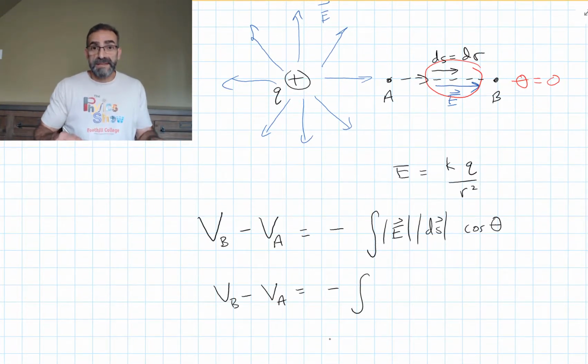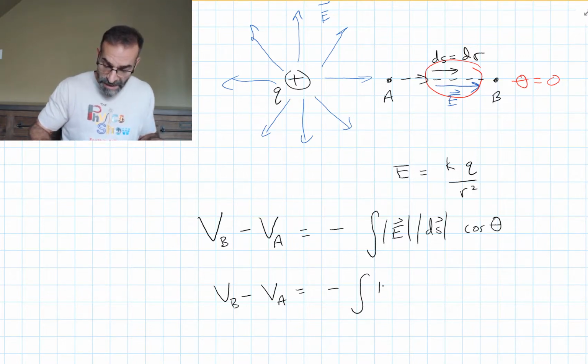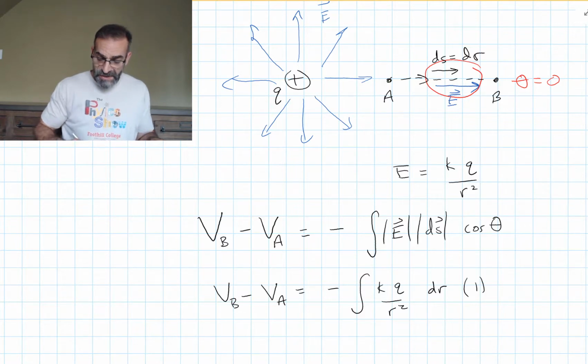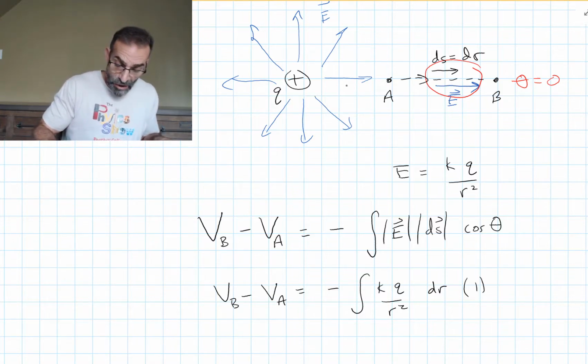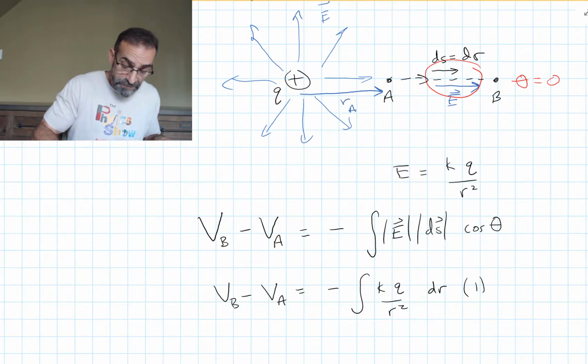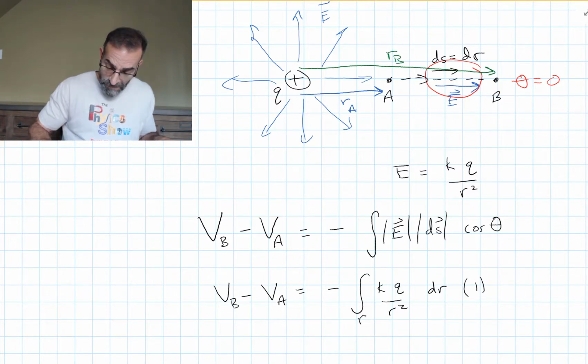Now I can plug in my electric field. I know the electric field in this region of space is K Q over R squared. My ds is just dr, and my cosine theta is just 1. And I'm integrating from my initial position, I'll call that RA, to my final position out here, I'll call that RB.